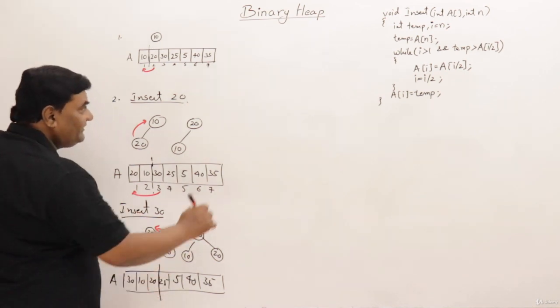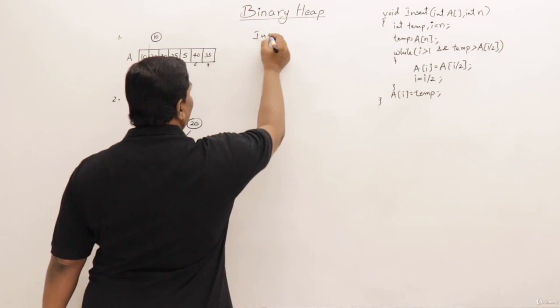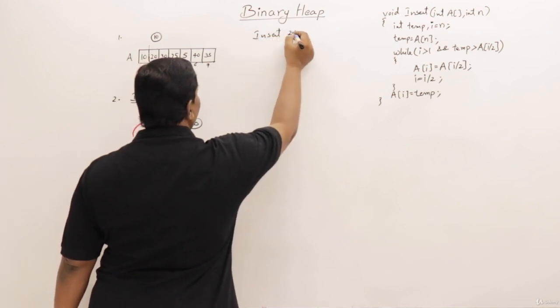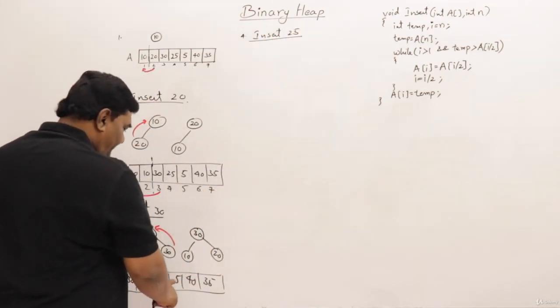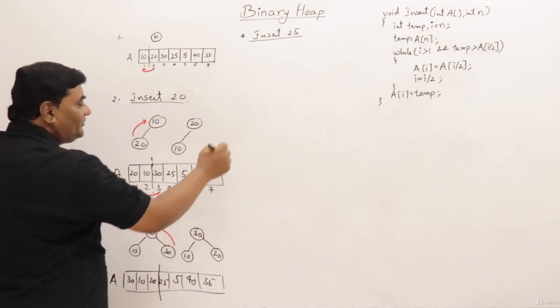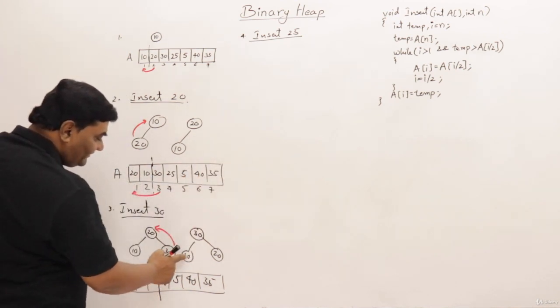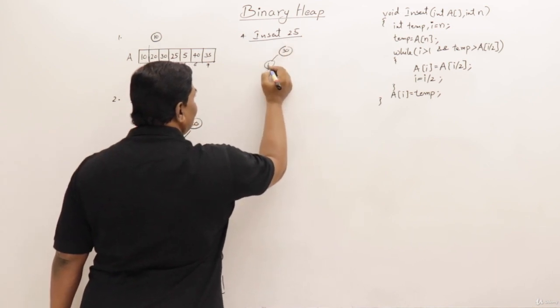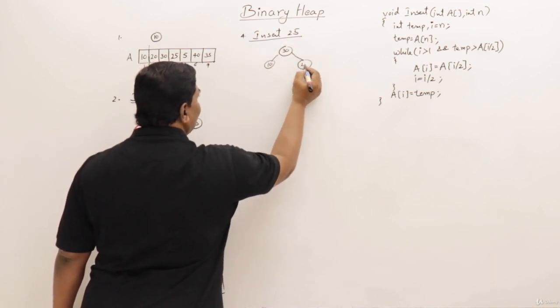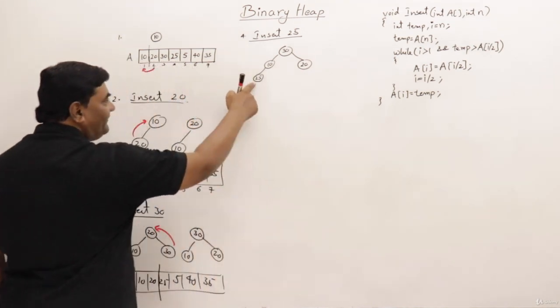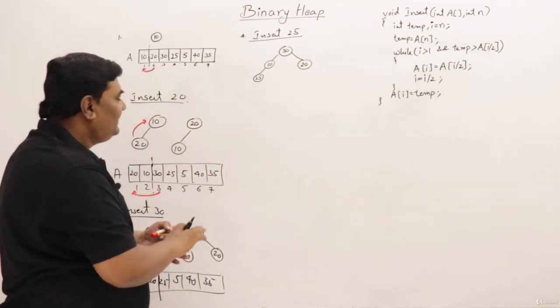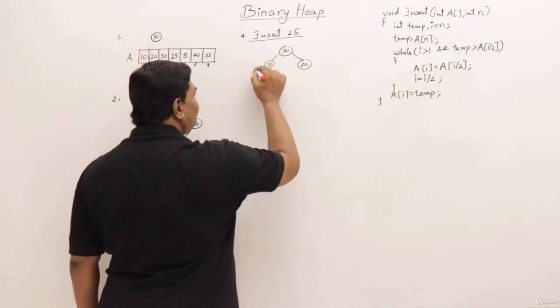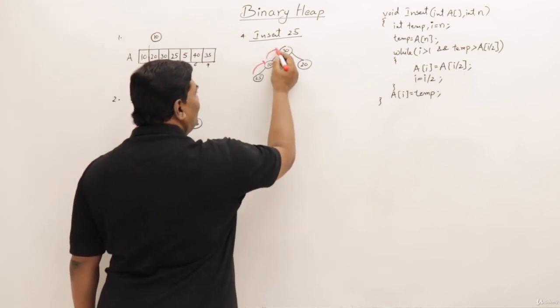Next I have to insert 25. Inserting 25 means where will 25 come? 25 will come as the left child of 10 as per complete binary tree order. 30, 10, 25, where 25 is newly inserted. Compare with the parent. It is greater than the parent 10, and then compare with the next parent.